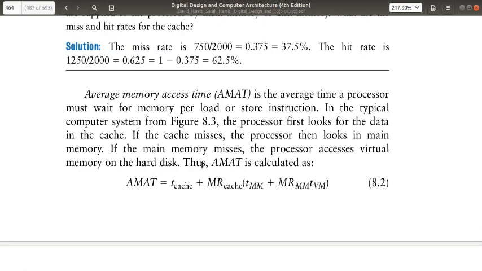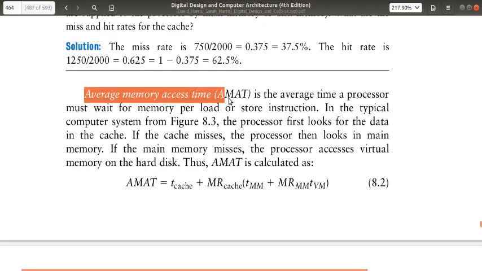The next one is the average memory access time. That is, on average how much time does it take for the processor to access memory and get the required data or instruction. Let's say data, forget about instruction for the time being.